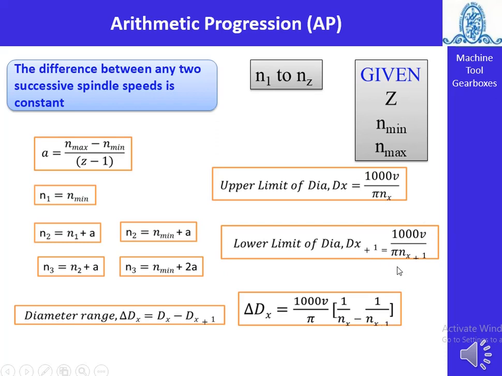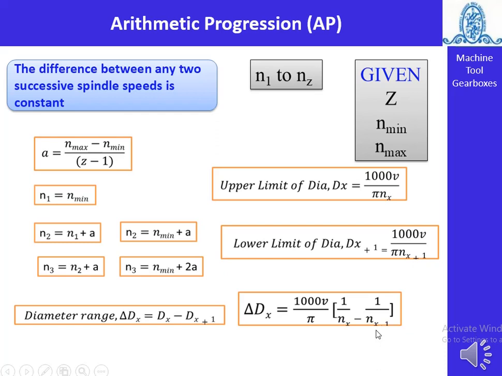The diameter range, delta dx, is the difference between the major diameter and the lower diameter, dx minus dx plus 1. Putting in the values, delta dx is 1000 v upon pi into 1 upon nx minus 1 upon nx plus 1.